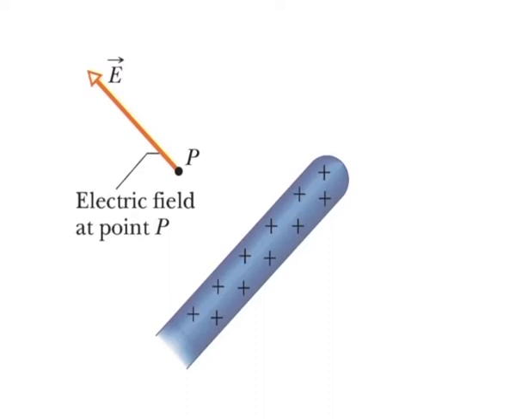This may sound trivial, but drawing the vectors any other way usually results in errors. Also, another common error is to mix up the terms force and field because they both start with the letter F. Electric force is a push or pull. Electric field is an abstract property set up by a charged object. From equation A, we see that the SI unit for the electric field is the newton per coulomb.